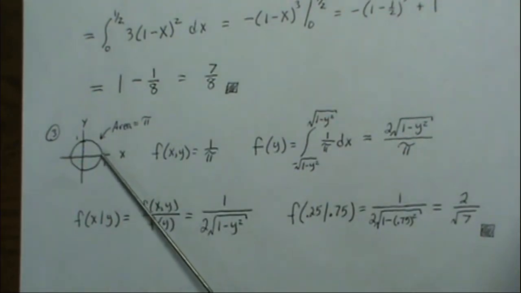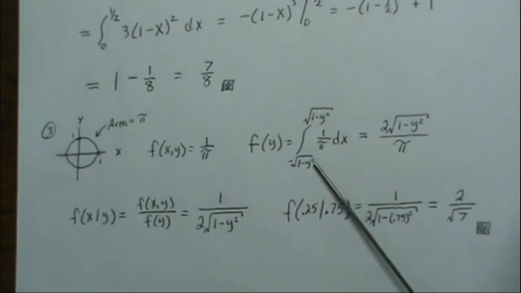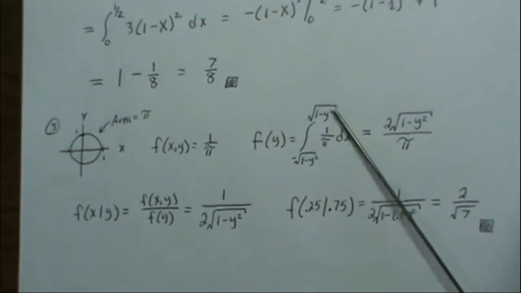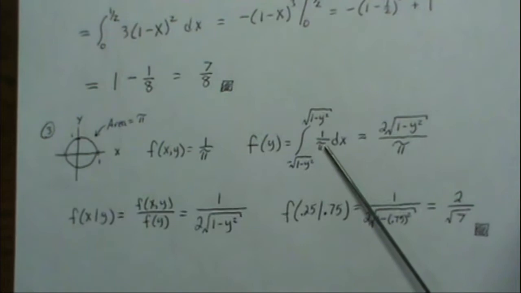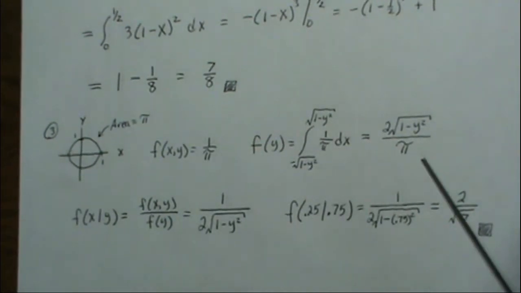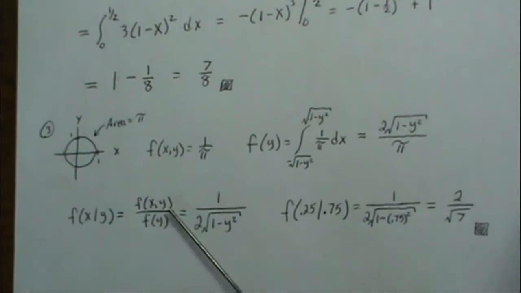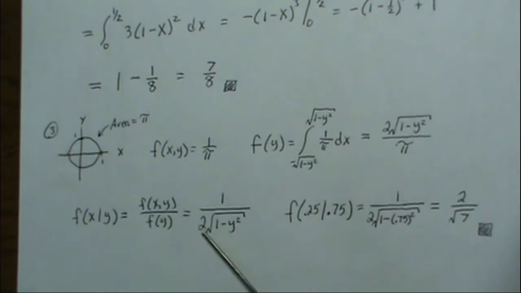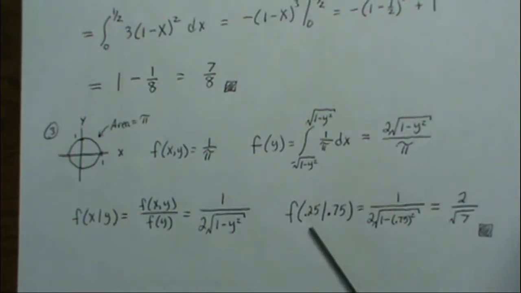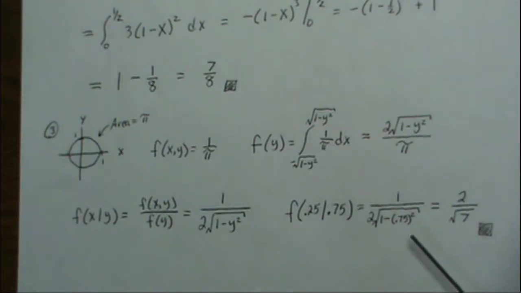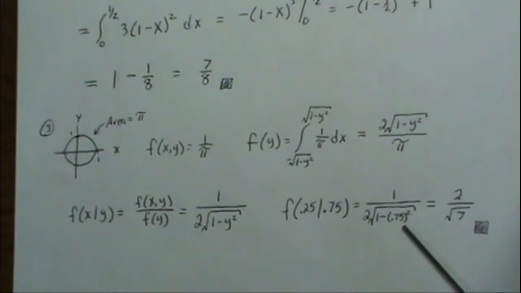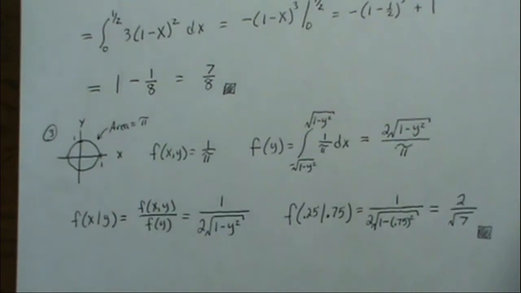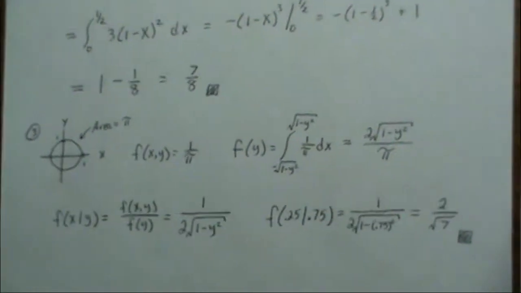And x goes from this boundary to that boundary, which are these. Integrate that out, plug in the boundaries, you get this. So then f of x given y is the joint density divided by the marginal, and you get this. And then to find f of 0.25 given 0.75, you just plug in the values. And then that simplifies to one of the answers, 2 over square root of 7.